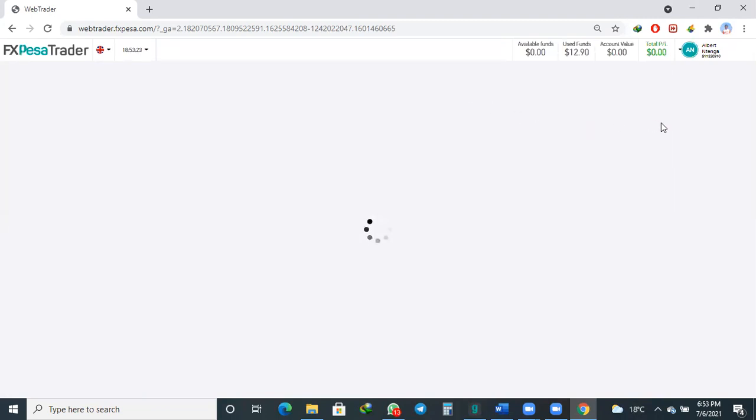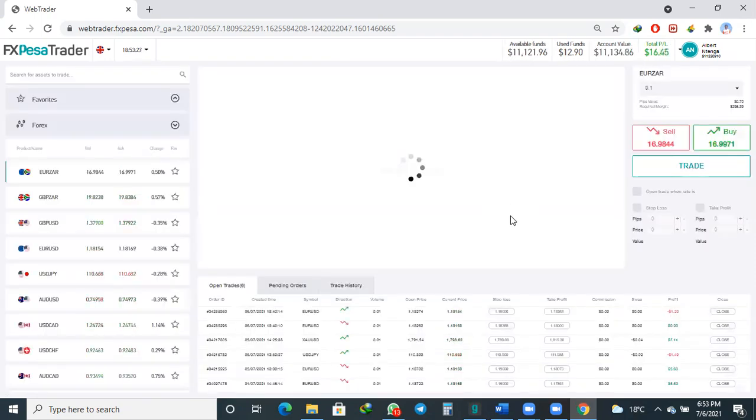Once I log in, you are at a point where you place your trade, and you have placed a take profit and a stop loss. You have determined the lot size, which I told you the default lot size is 0.01.